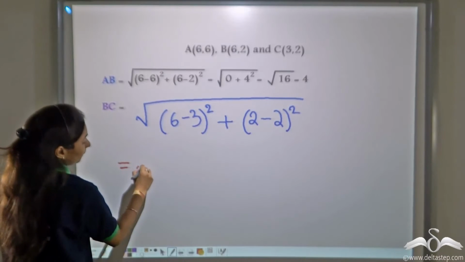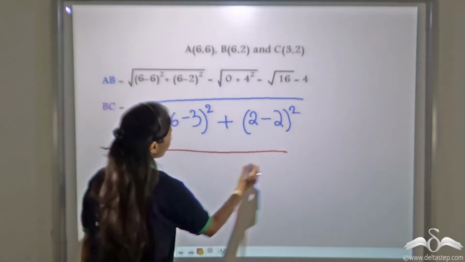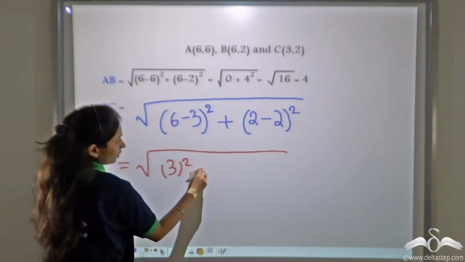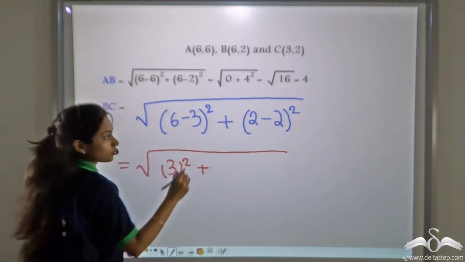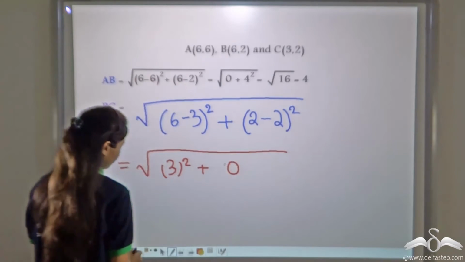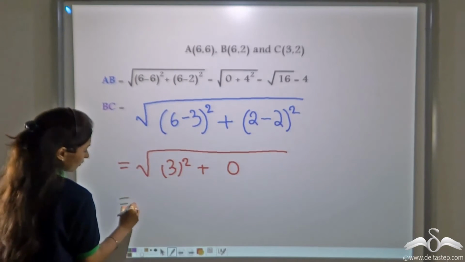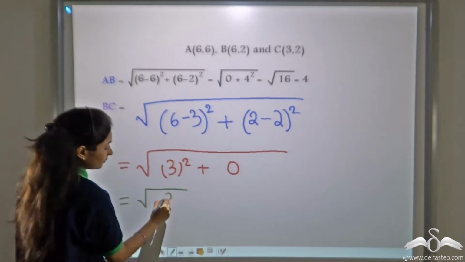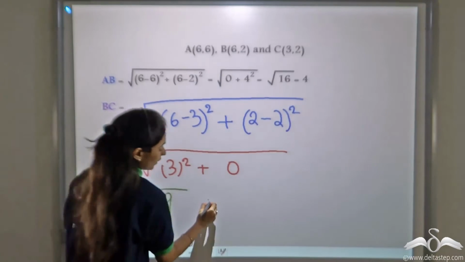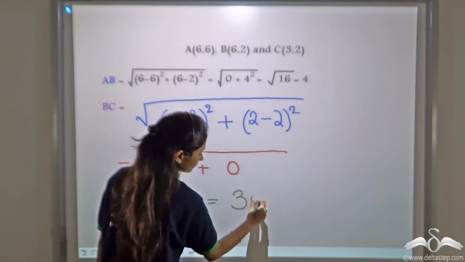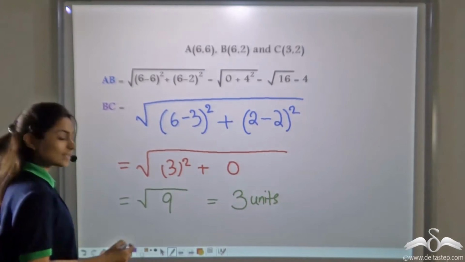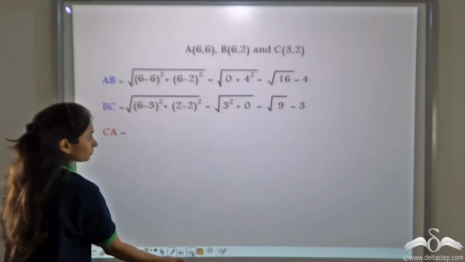Now this will give me 6 minus 3 is 3 whole square plus 2 minus 2 is 0, 0 whole square is 0. This will give me root over 3 square. 3 square is 9, and root over 9 will give me 3 units. So we got BC as 3 units.